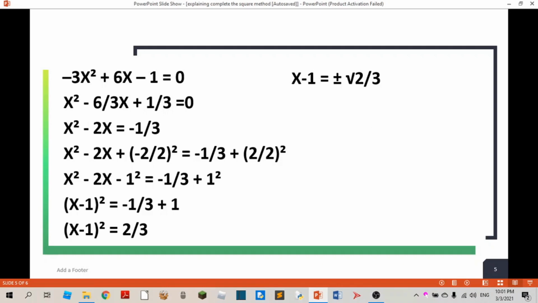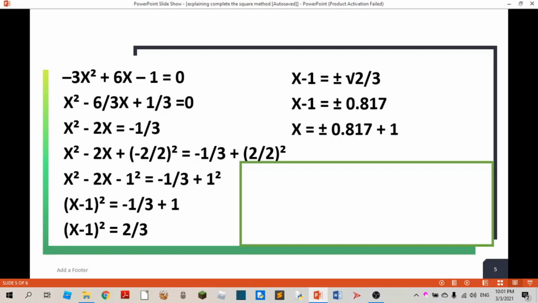Since it is a root, there will be two answers, one negative and one positive. We will have to note it with the plus minus symbol. By that, we will get x minus 1 is equal to plus minus 0.817, which means x is equal to plus minus 0.817 plus 1.